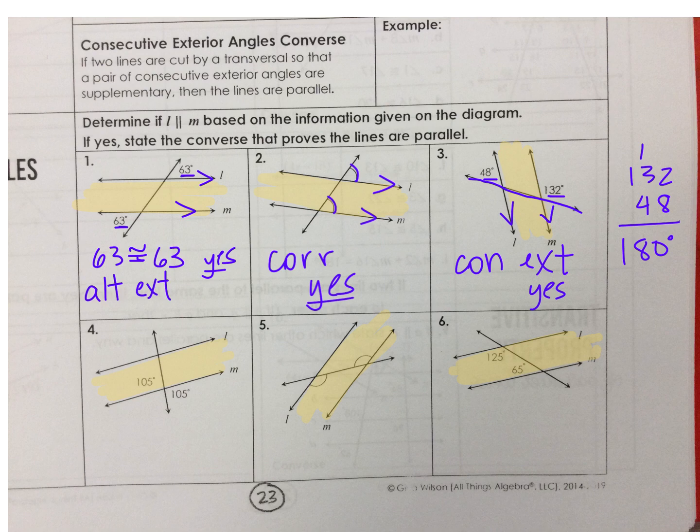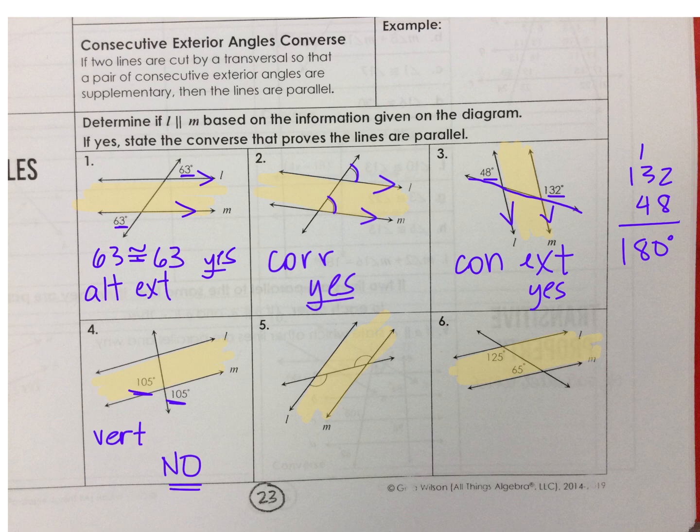All right. And number 4, these guys are vertical angles. And while that is true that 105 equals 105, I cannot prove with a vertical angle that those are parallel lines. Vertical angles and linear pairs can't prove that.